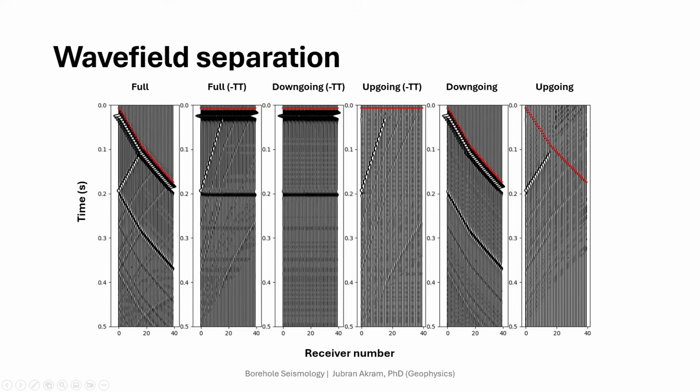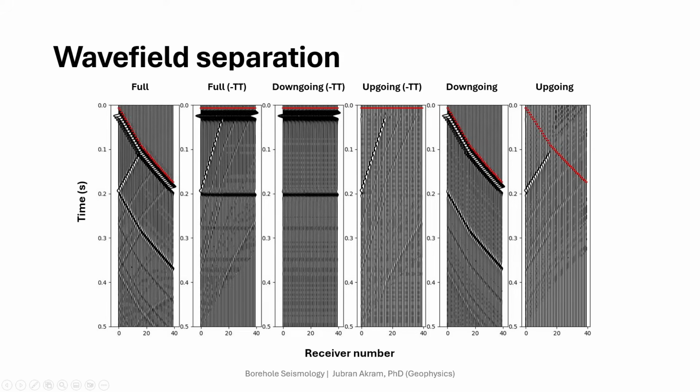Now there are different ways of separating downgoing from upgoing. We could apply FK filtering, median filtering, or SVD or eigenimage filtering techniques.